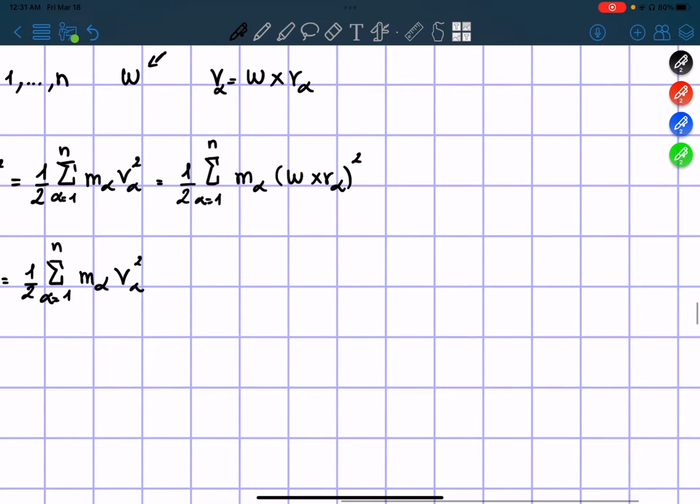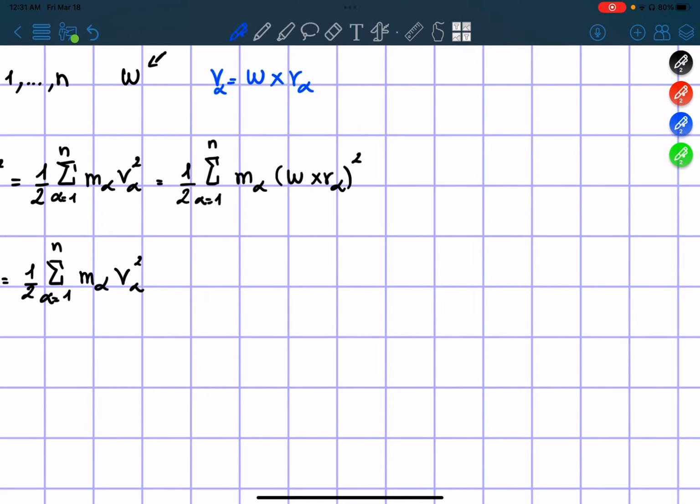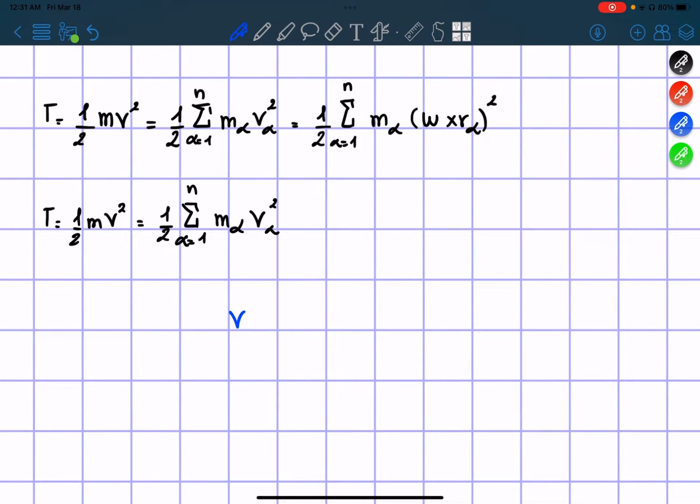In this case, our v alpha is equal to capital V. So we have 1/2, then the sum, alpha equals 1 to n of m alpha capital V squared.